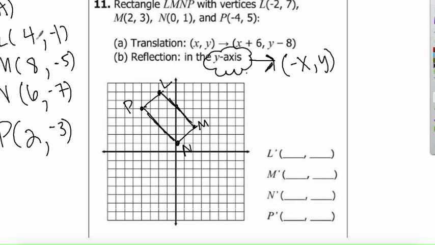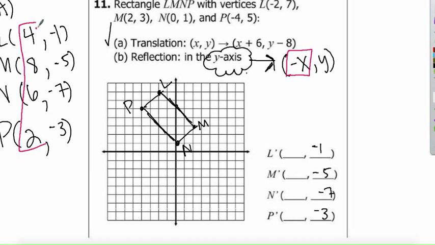So we're going to take these ordered pairs from the translation, and we're going to just do this trick, this observation that we notice, that if it's over a y-axis, I can keep all the y-coordinates the same. So -1, -5, -7, -3. And what's going to change is that all the x-coordinates here are going to change the sign.